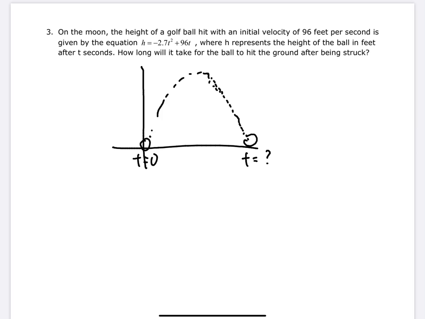Since we're talking about when the ball lands, that means h equals 0, because when you're hitting the ground, the height equals 0. So I'm going to set h equal to 0, and let's see if we can solve it.